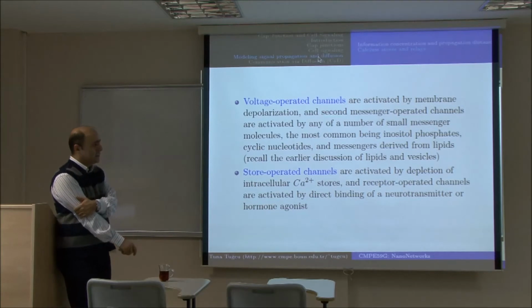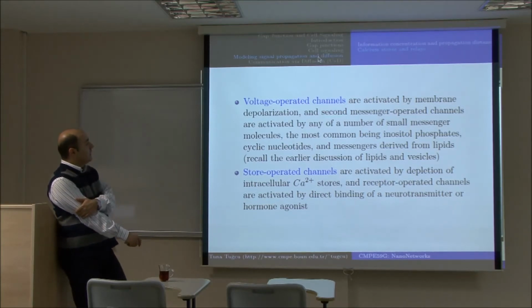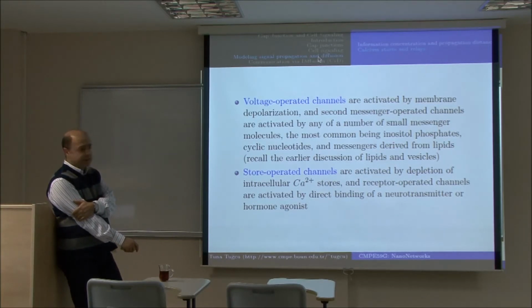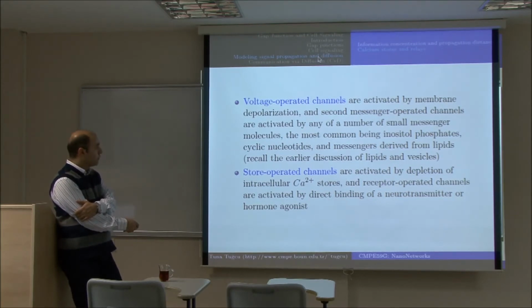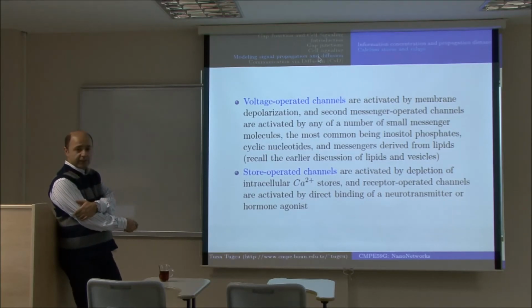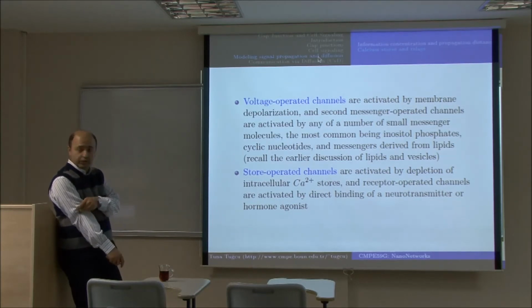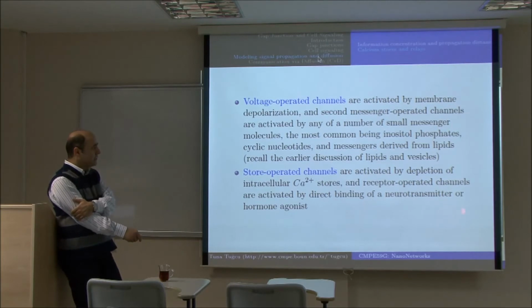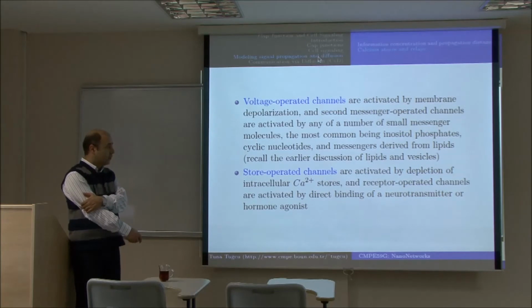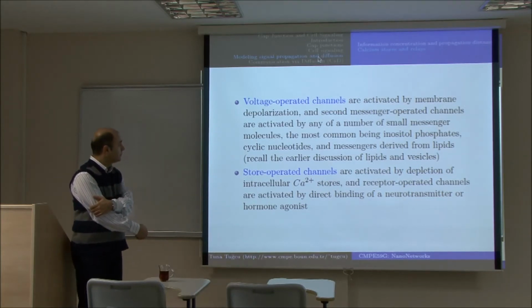As we said, IP3 is the most well-known one, but in addition to IP3 and other inositol phosphates, there are also cyclic nucleotides that are used for a similar purpose. The store-operated channels are activated by depletion of the intracellular calcium stores, and the receptor-operated channels are activated by the direct binding of a neurotransmitter or a hormone agonist.